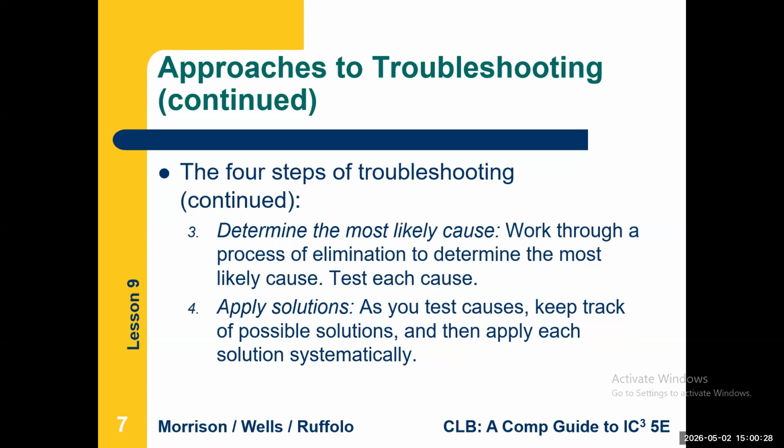Then the third step that you need to do is to determine the most likely cause. So walk through the process of elimination to determine the most likely cause. In this case, you are doing trial and error. So you try all possible causes to see whether the problem that I'm having with this particular software will be solved if I use this step.